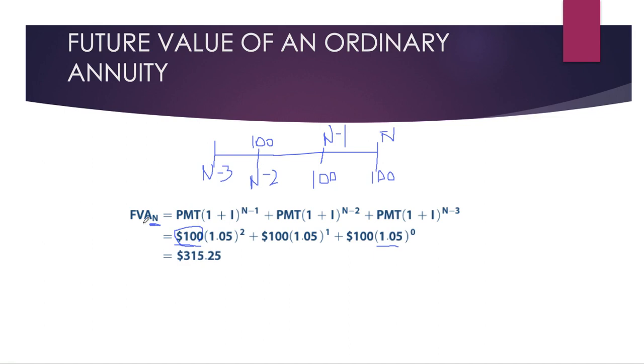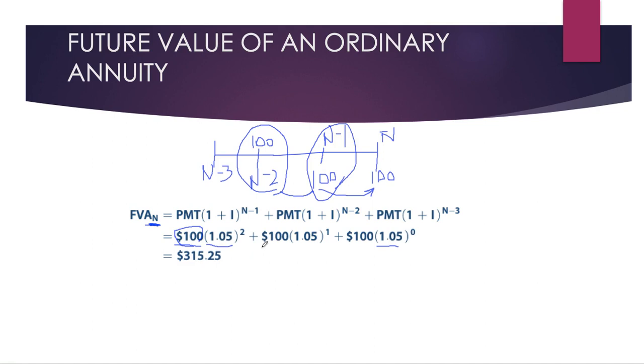So in order to calculate the future value at time n, this $100 payment will be compounded with 1.05 squared, because we have two more years to come to this final time n. So this one is multiplied with 1.05 squared, so this is compounded twice. And what about the payment here?